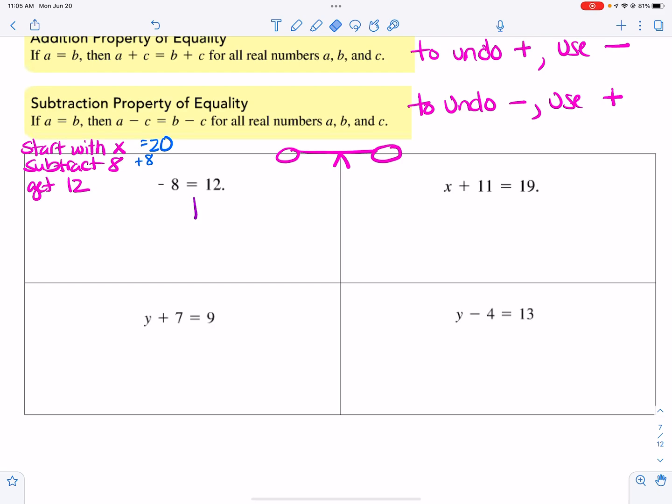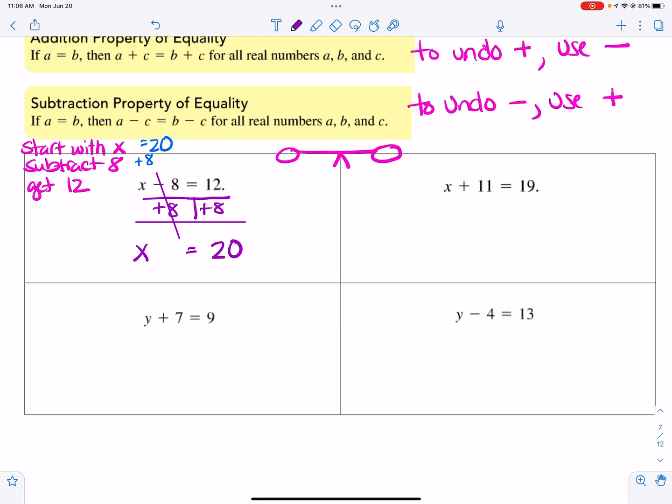So to undo subtract 8, I have to do the opposite, which means I'm going to add 8. When I do that, negative 8 plus 8 goes to 0, which is what I want to happen. And 12 plus 8 is 20. And that's what I got using the other way.